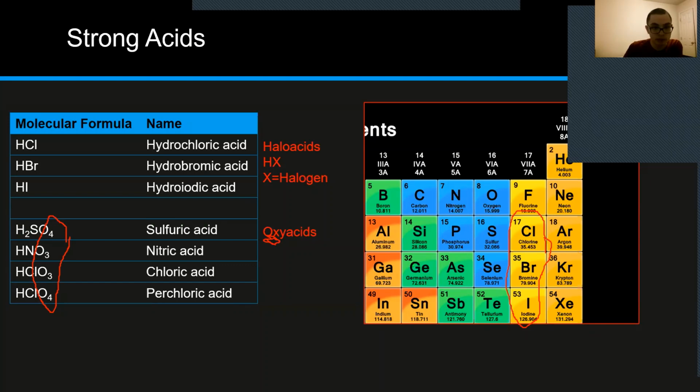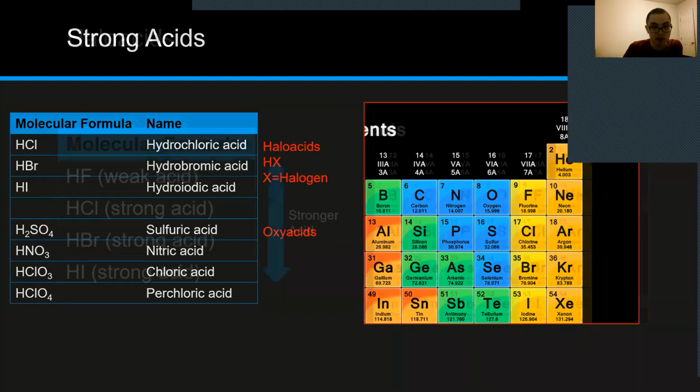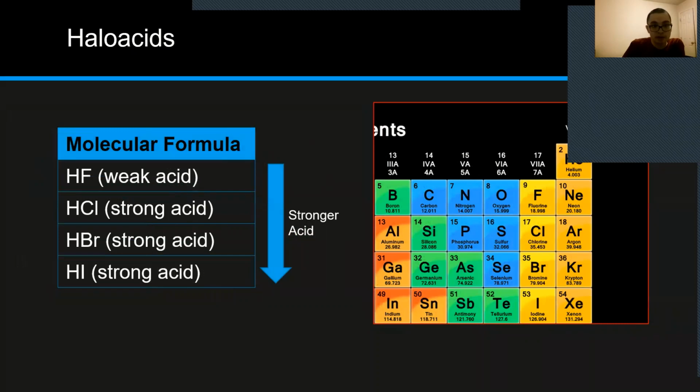So now let's look into the haloacids, right? So we have hydrofluoric acid, which is actually a weak acid. It's at the top of this group right here. So we might ask, how come HCl, HBr, and HI, hydrochloric acid, hydrobromic acid, and hydroiodic acid are all strong acids, yet hydrofluoric acid is a weak acid?